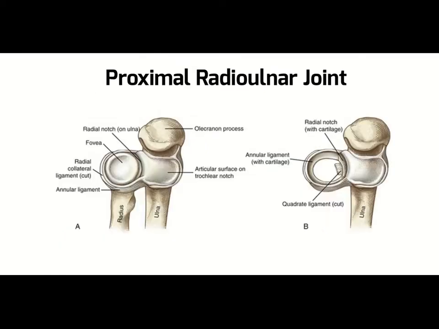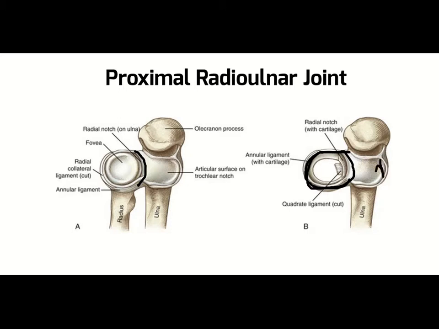So our proximal radioulnar joint is one of the only pivot joints that we see in the body. So here we have the radius that fits nicely into this little notch, again on the side of the ulna, and then it's held in place by this ligament that we call the annular ligament. So the annular ligament runs the whole way around the radius, and it comes from the ulna, from this kind of articular cartilage that sits within the trochlear notch.